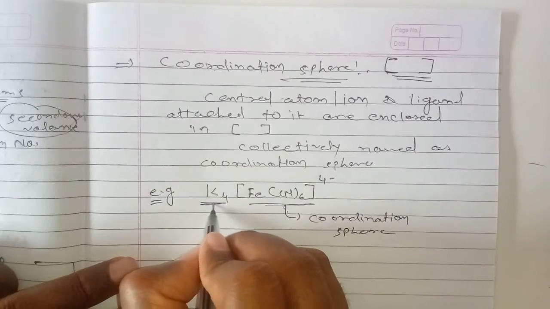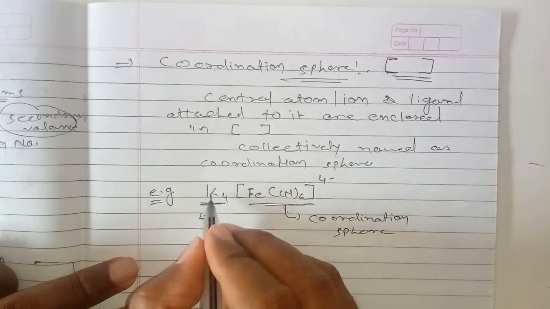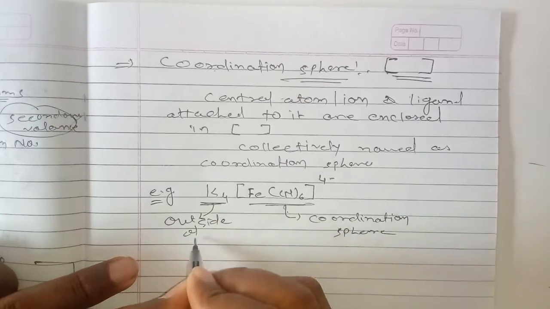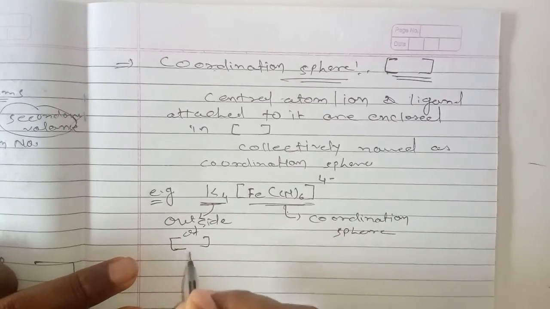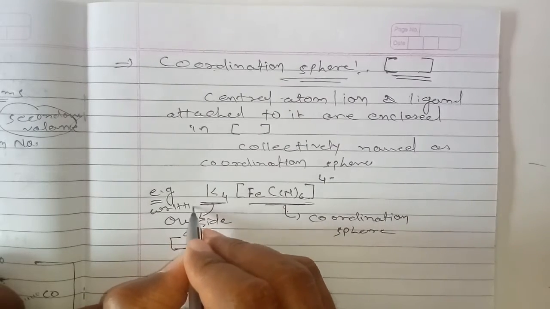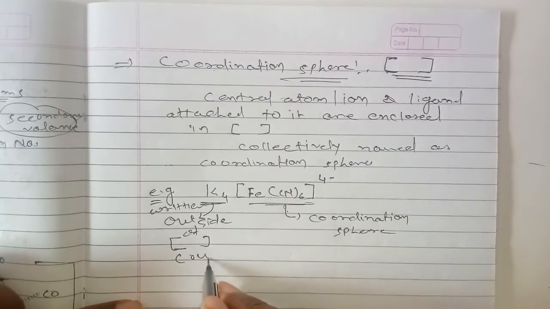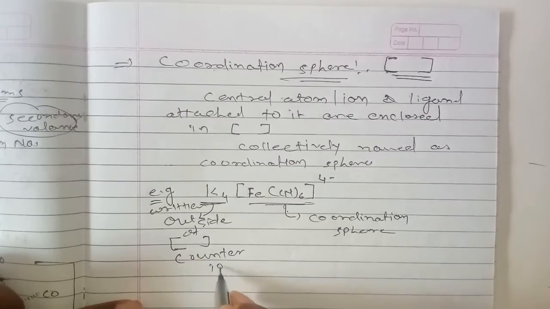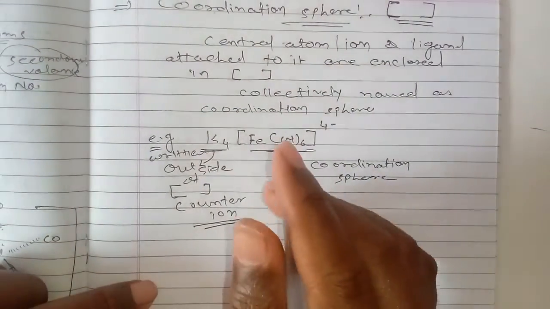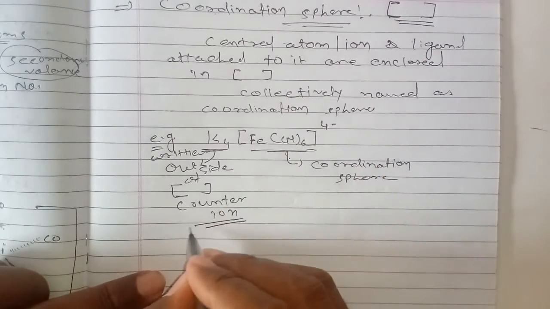The species written outside the square bracket is called the counter ion.